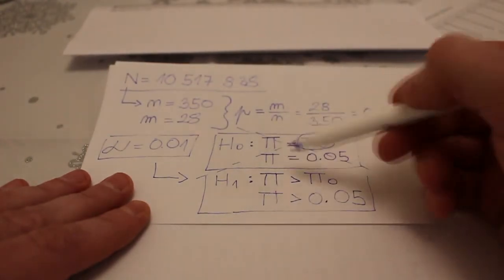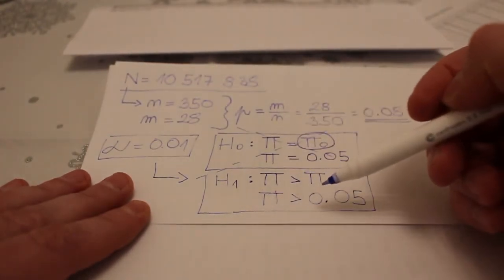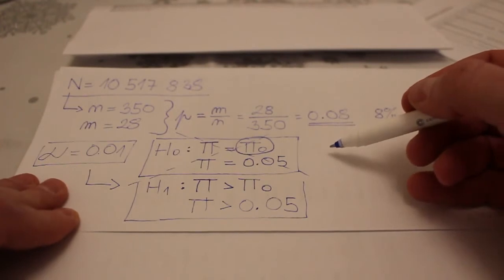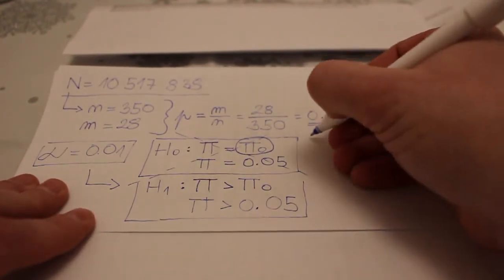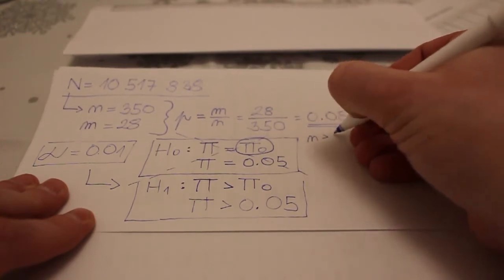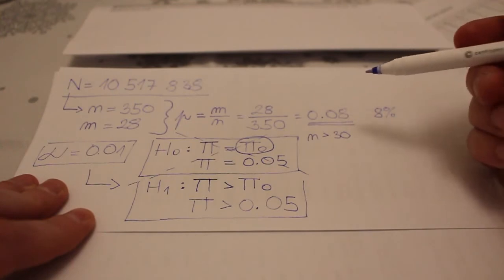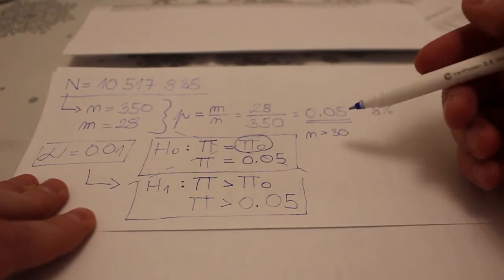We have the zero and alternative hypothesis. Please check your formulas and find here population proportion, large sample. We have sample n higher than 30, because we have 350 respondents, so this is a large sample.